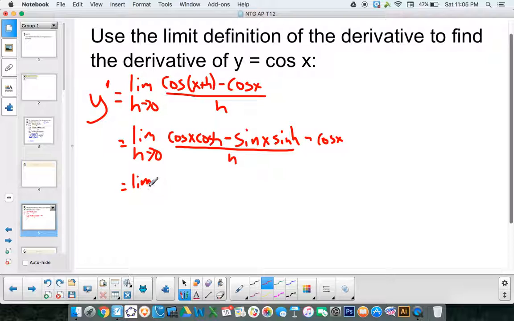So we got the limit as h approaches 0. Make sure when you're doing these, each step's equal, so that limit needs to come through. We're going to put our cosine of x's together. Cosine of x, cosine of h, minus cosine of x, minus sine of x, sine of h. Again, I'm going to split the fraction.